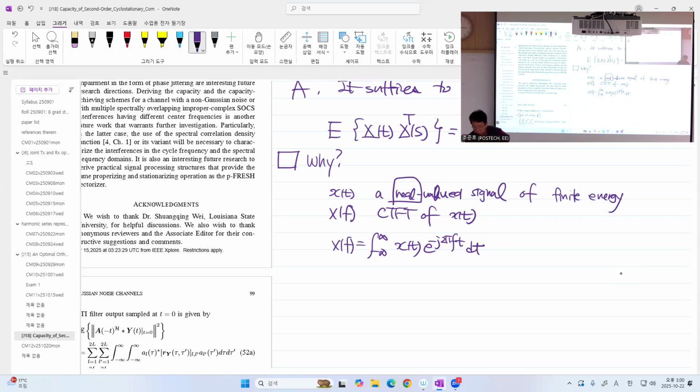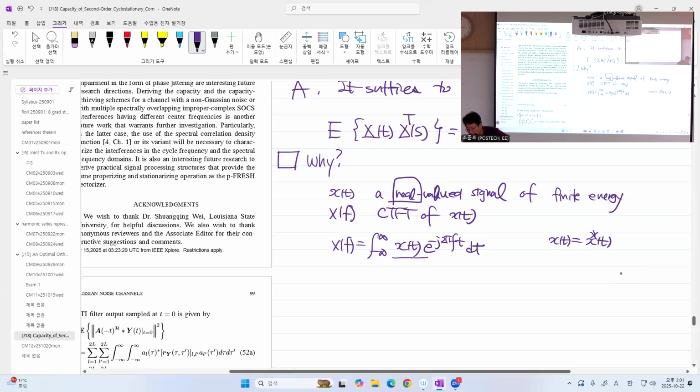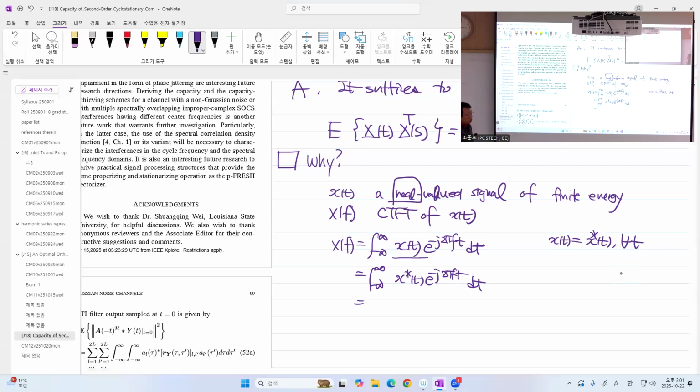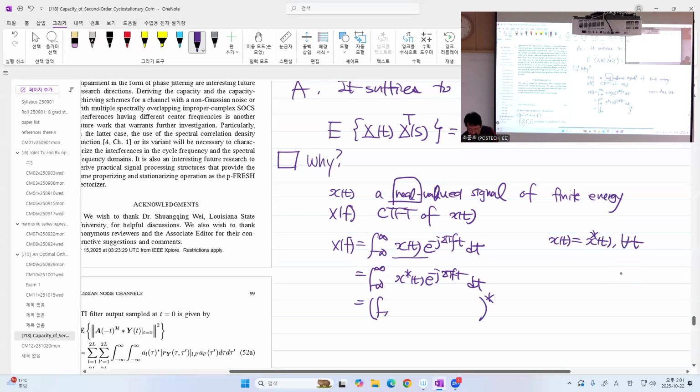And now, what happens when x is real? x is real means that its conjugation is the same as the original signal for all t. So what we do is that we substitute x conjugate here and see what we get. Or we may do something else, but let's do this. So let's take the conjugation out.